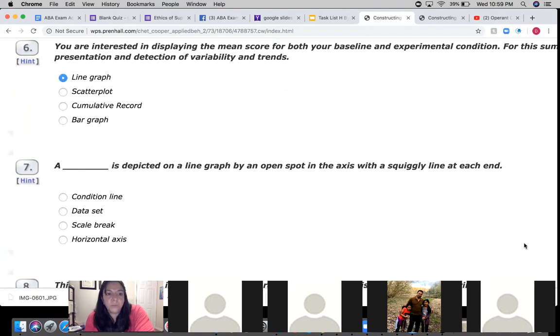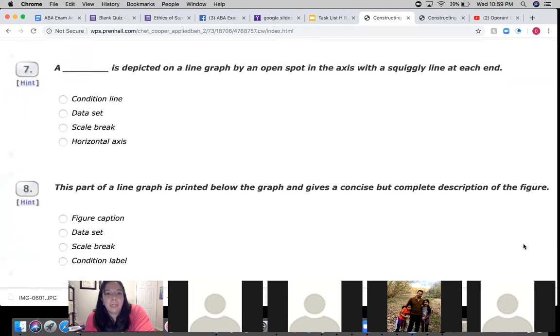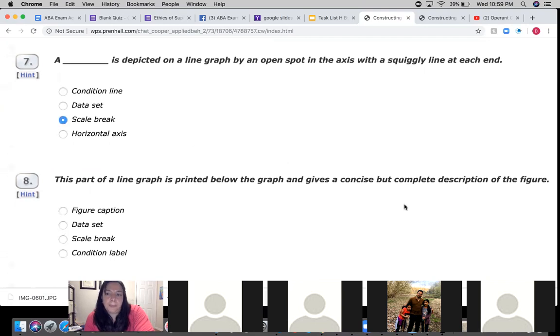All right. A blank is depicted on the line graph by an open spot in the axis with a squiggly line at each end. Condition line, data set, scale break, or horizontal axis? Scale break. Squiggly line is scale break. Okay.